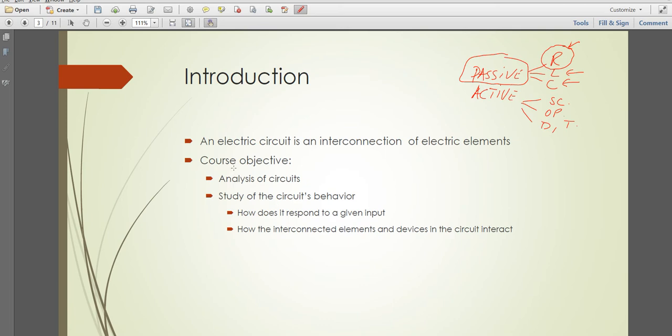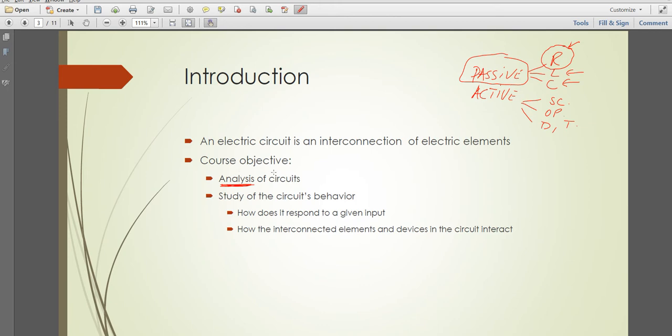Now, for the course objective for all this semester, we're going to analyze circuits. The objective is to analyze circuits by using different laws like Kirchhoff's law, mesh analysis, and nodal analysis, and other types of analysis will be defined later on during this semester.